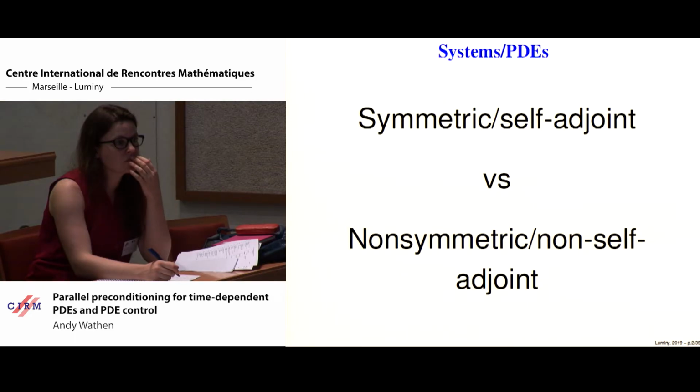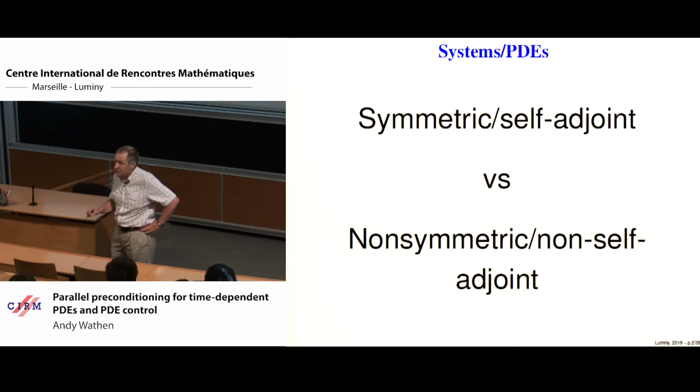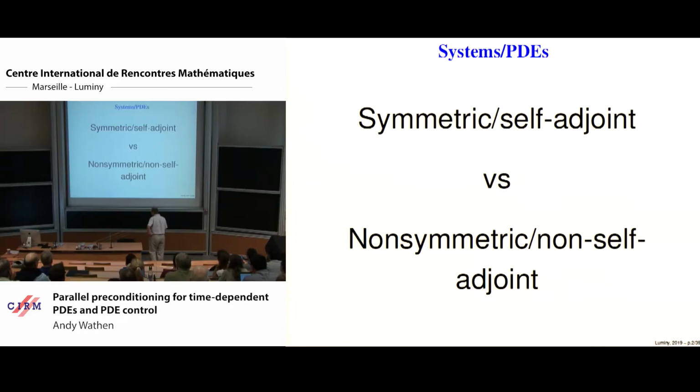So what am I really talking about? I guess from my perspective, and some of you may disagree, there's a really, really big difference in what we're trying to achieve when we deal with symmetric problems or self-adjoint problems and non-symmetric problems or non-self-adjoint problems. So I'm trying to talk both in PDEs and linear algebra here.